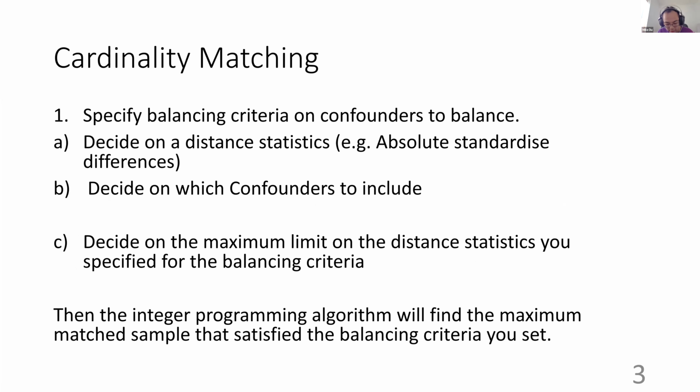In order to use cardinality matching to find a matched sample that is suitable for causal inference, first you have to give the algorithm some balancing criteria you want your matched data set to satisfy. To set those balancing criteria, first you have to decide on a distance statistic to use. For example, in our case, for causal inference, we would normally use absolute standardized differences.